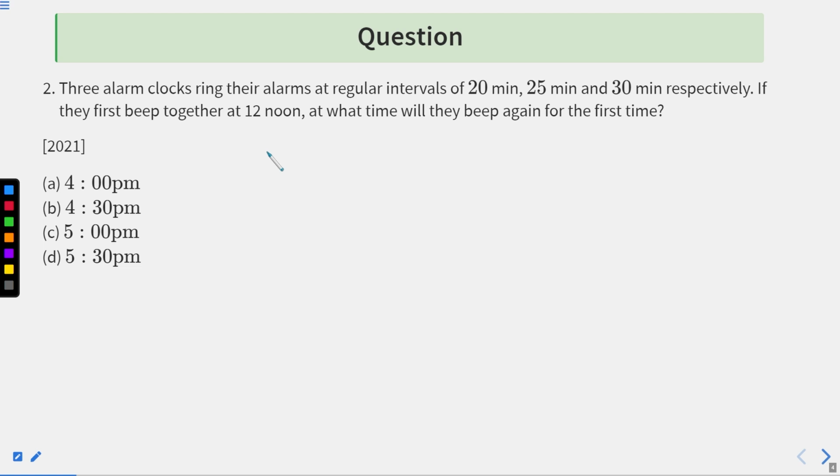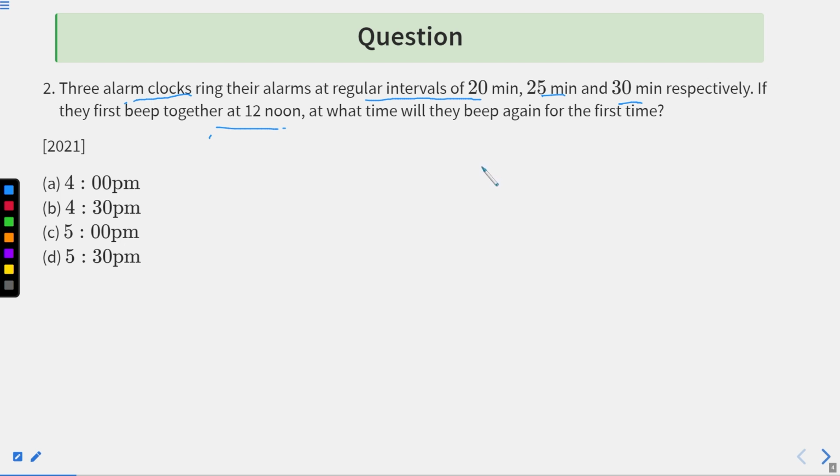In the next question, we are asked: 3 alarm clocks ring their alarms at regular intervals of 20 minutes, 25 minutes and 30 minutes respectively. If they ring together at 12 noon, at what time will they beep again together for the first time?